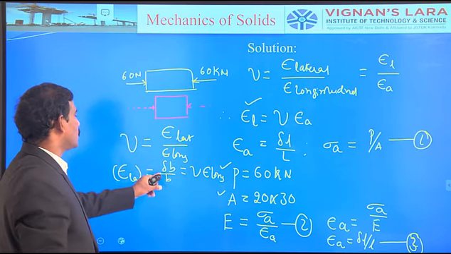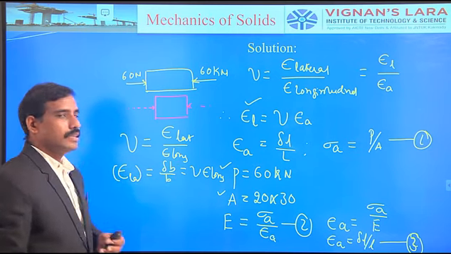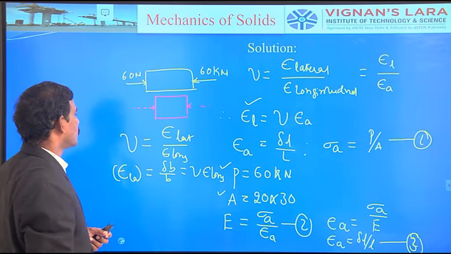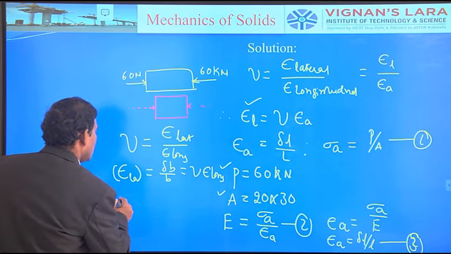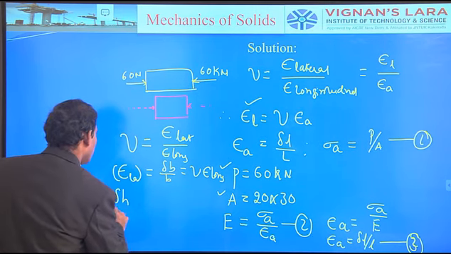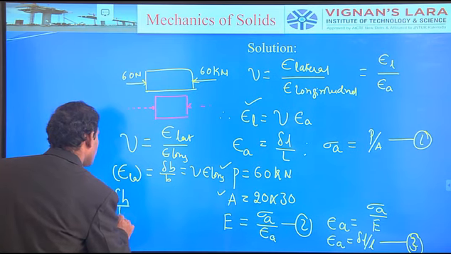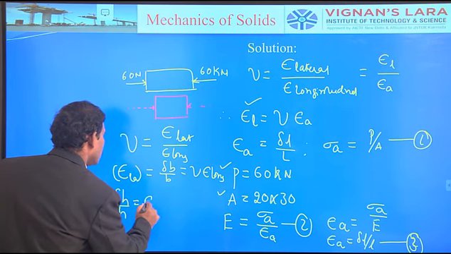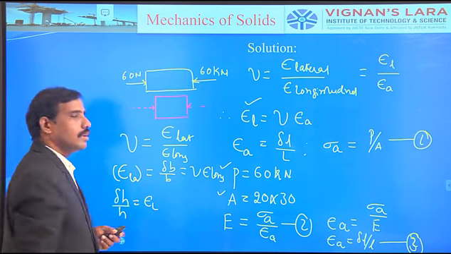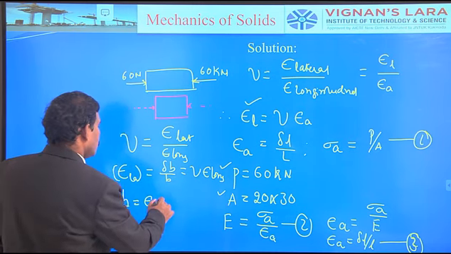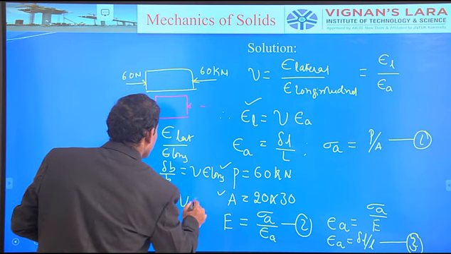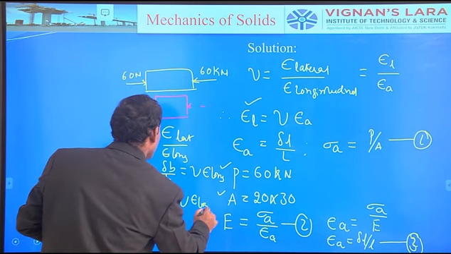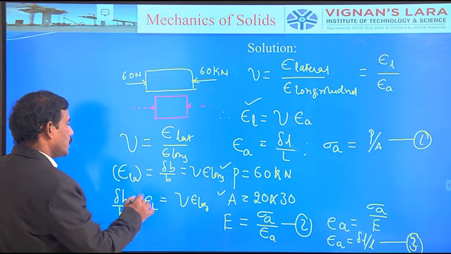So from this equation you can calculate delta B also. Then for the change in height, delta H by H, the lateral strain, is again equal to nu into epsilon, the longitudinal strain.